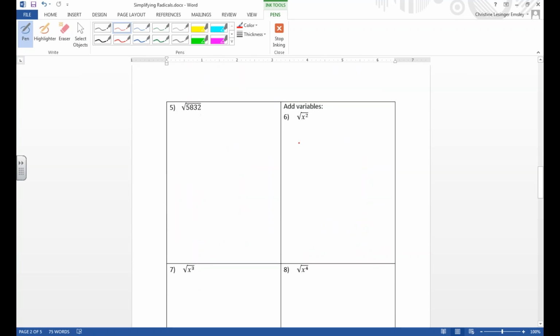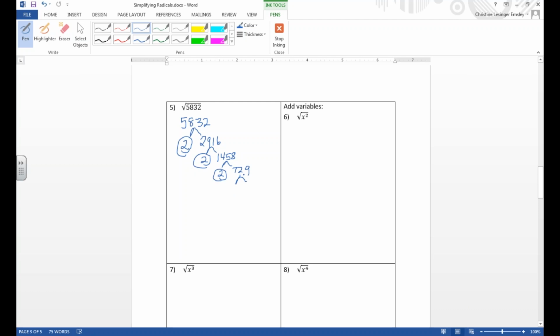Okay, another big number. Again, this might look a little scary at first, but you just have to chip away at that. This time we have 5,832. Prime factorization, again, it's even, so I know it's divisible by 2. And just grab your calculator. It's 2 times 2916. Again, even, 2 times 1458. And we get 2 times 729.